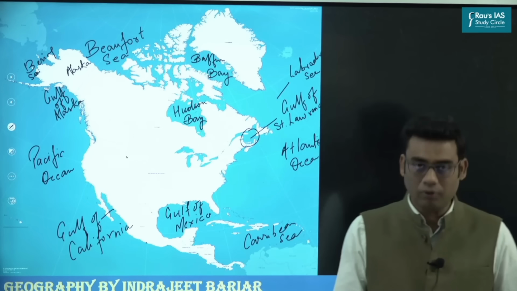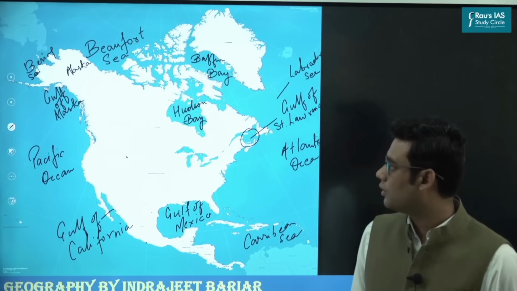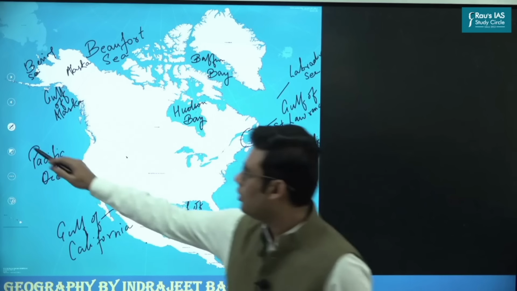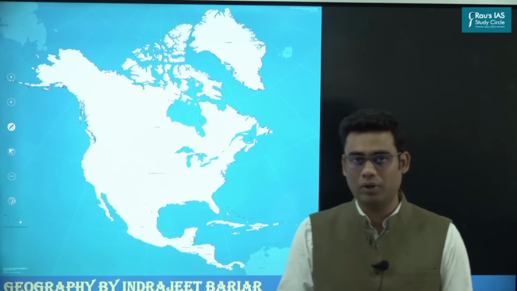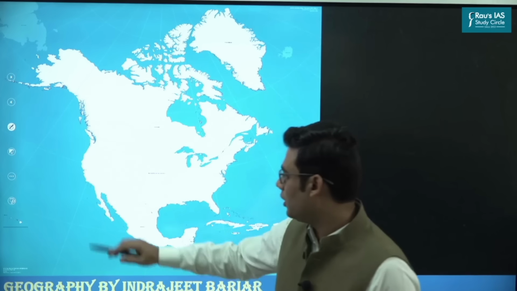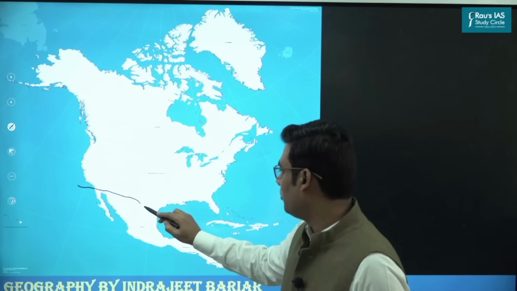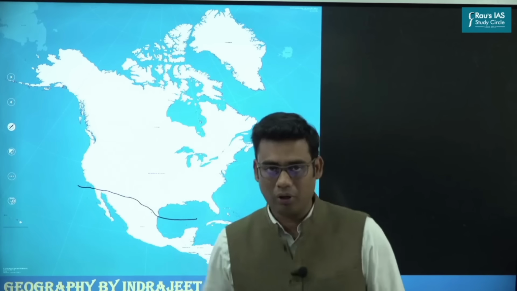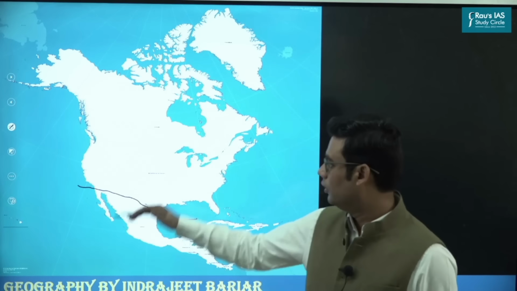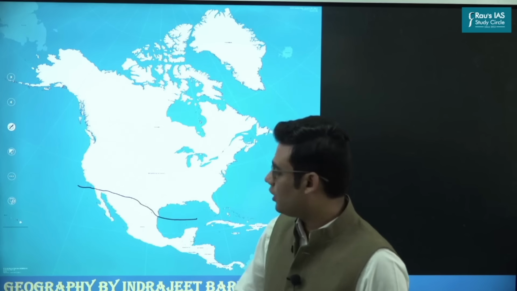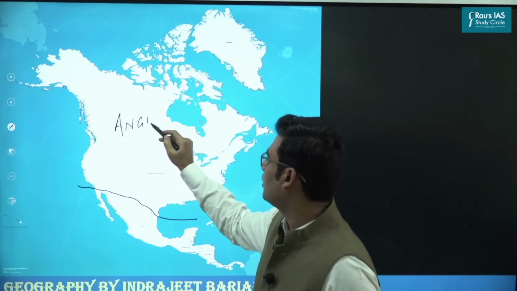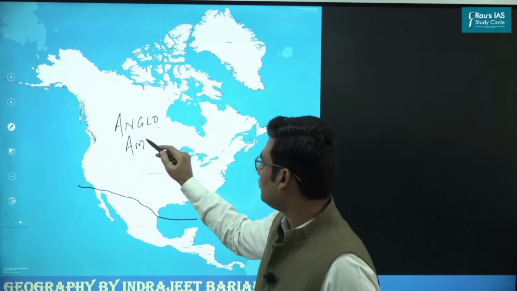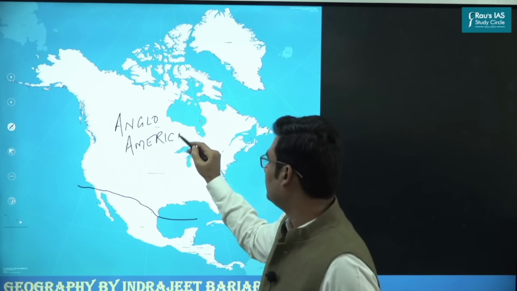Now, for the study of the physical features of North America, first, how do we divide North America? Roughly, it can be divided based on culture and language. Culturally and linguistically, the whole of North America is divided by this line, wherein to the north of it, the language that is most dominant is English, and so this part is called Anglo America.